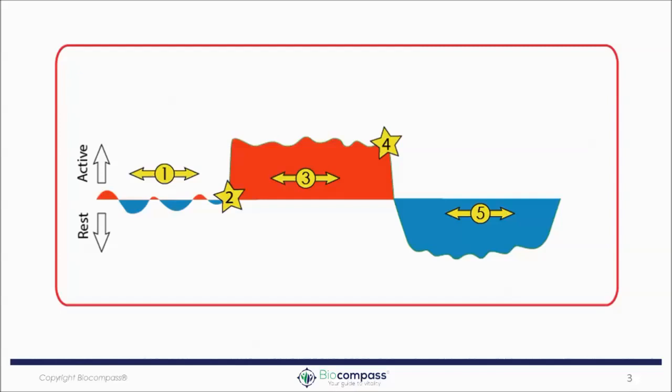When I no longer have to fight, the threat is gone, I'm safe. That's the finish line in the marathon metaphor. Then you get into number 5, and the period number 5 is the restoration: the time that your body needs to undo the adaptation process, to undo what happened in number 3.